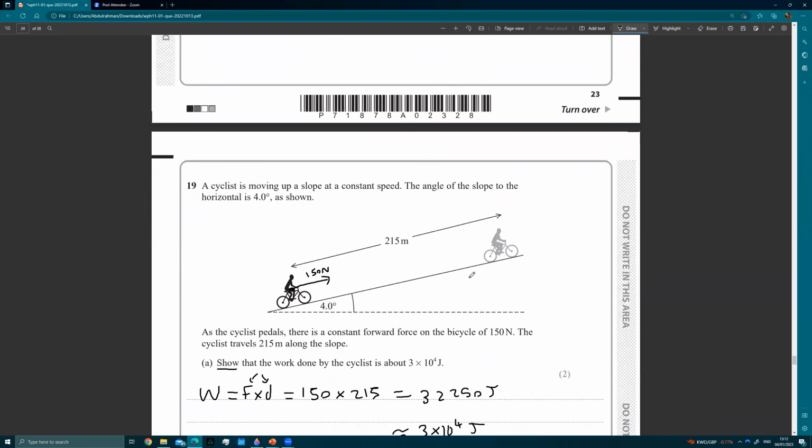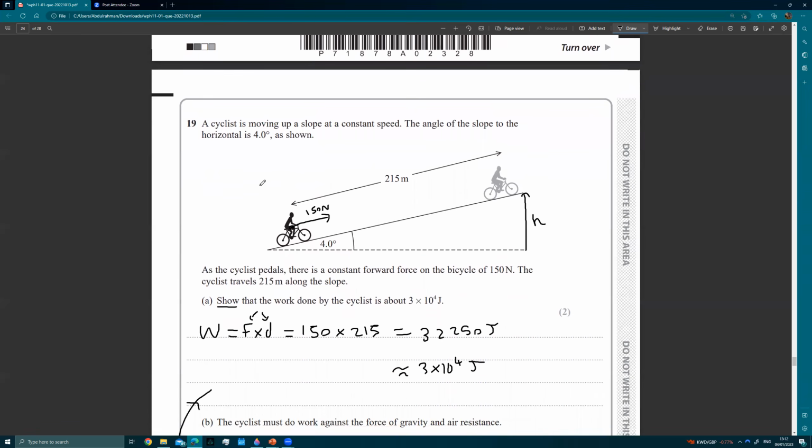Well, what is the height? How much height has he moved? Well, this is his height from the start to the finish. So we're trying to work out what h is. And as alluded to before, if you have a right angle triangle where you know the angle and you know the hypotenuse, which is the case here, the side opposite the angle is the hypotenuse multiplied by sine the angle.